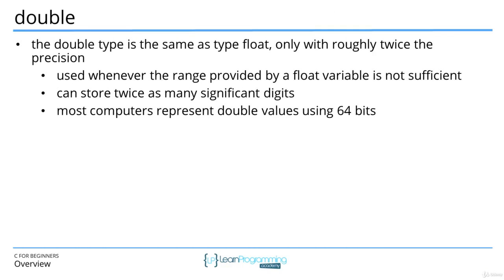A double is very, very similar to the float. It stores decimal numbers, decimal places. The only difference is it's larger, so you can store larger numbers. And that means it uses more data in memory. So you want to use a double whenever the float is not sufficient, it's too small.